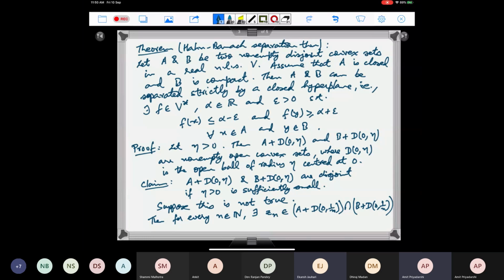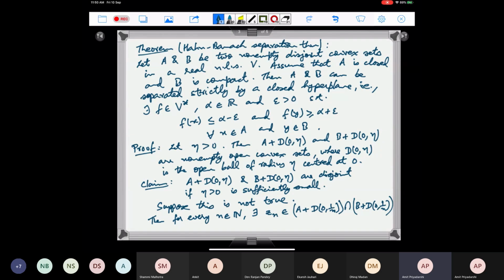Sir, this normed linear space would be a normal topological space, right? Yes. So by the T4 axiom, we can obtain open balls containing A and B. So they will be convex also. Yeah, you can use some other results and then do this. See, because in a normal space you can use Urysohn's lemma.